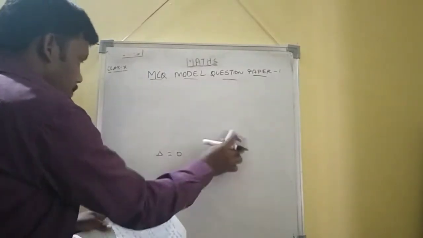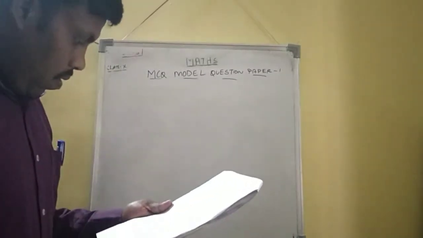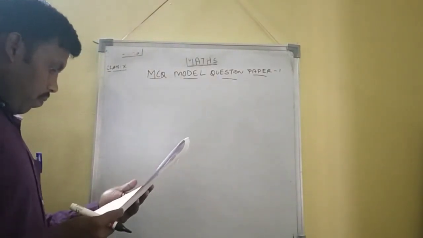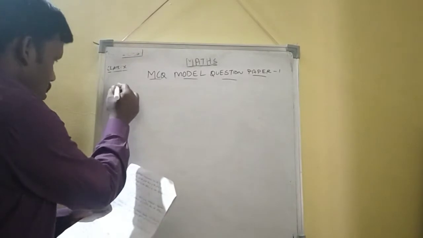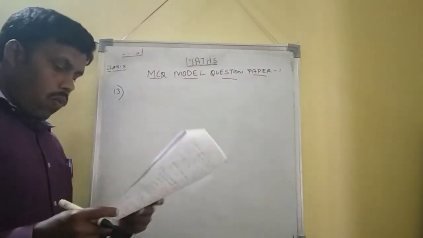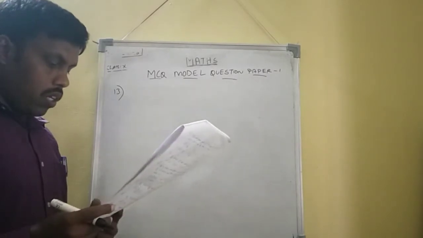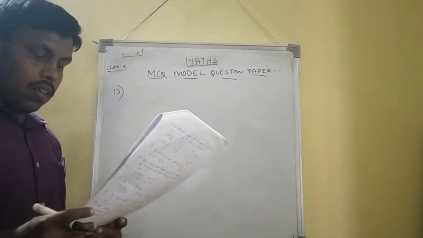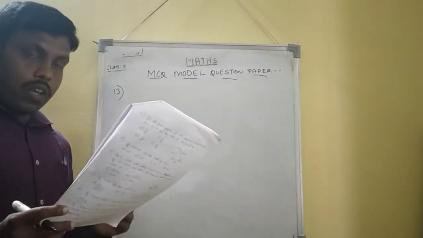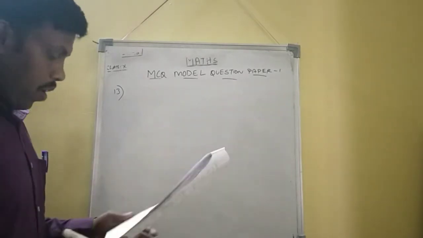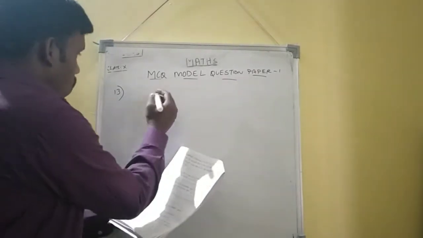If you go to the 13th question. The sum of squares of 2 consecutive odd numbers is 394. The mathematical equation for the above statement is. They have given it in the form of a word problem. We have to write it in the form of an equation. What are the options given?